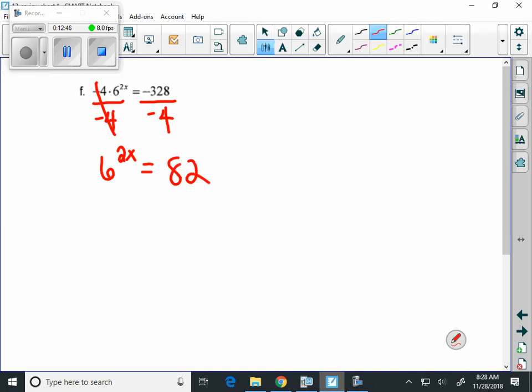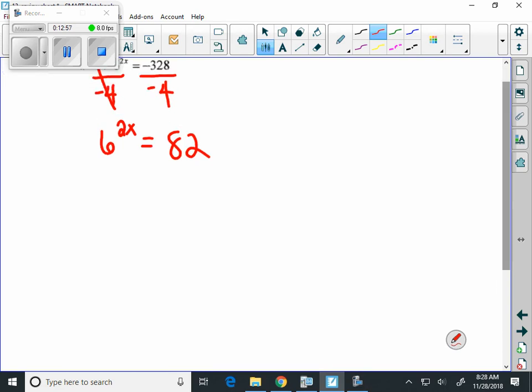But yet again, like all 6 of these parts on problem number 5, we have a variable that's an exponent. And when we have a variable that's an exponent, we need to put in a logarithm. So this is going to be log of 6 to the 2x. And this is log of 82.